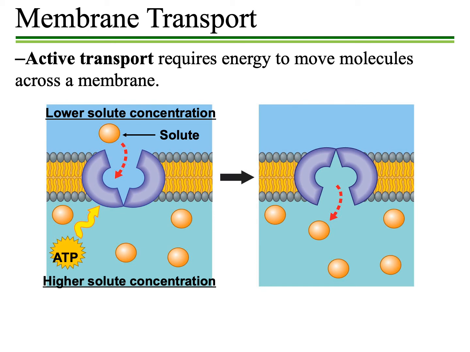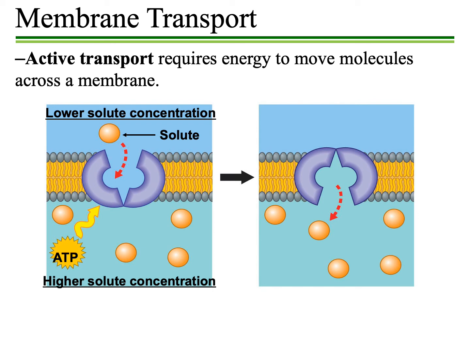And what you also have is a conformation shape change that usually occurs in the transport protein to allow for the transport of the molecule across the membrane. And lastly, with active transport, you are moving against the concentration gradient.